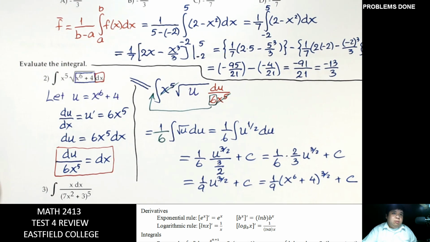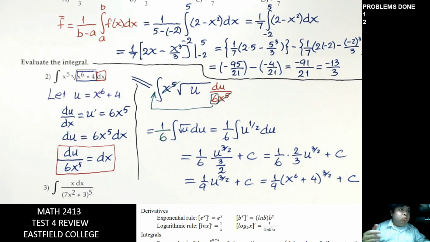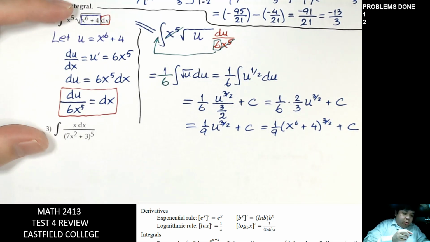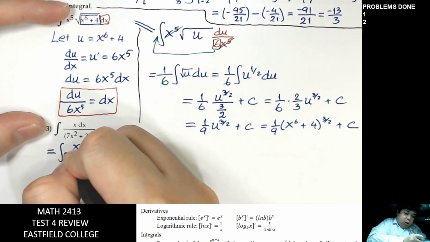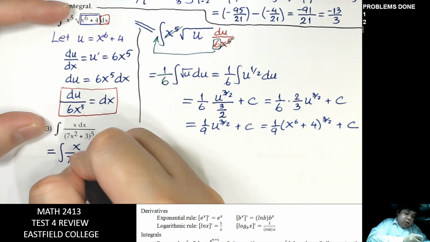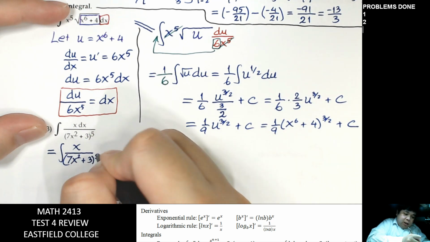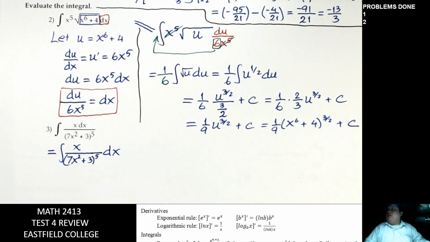So that was number 1 and 2. Right. The rest of this is pretty much the same. On number 3, before we do that, we'll rewrite this as x over 7x squared plus 3 to the 5th, and the dx I move to the side like this.